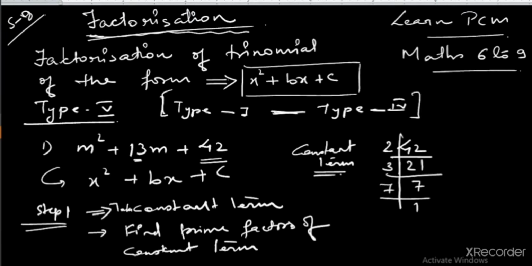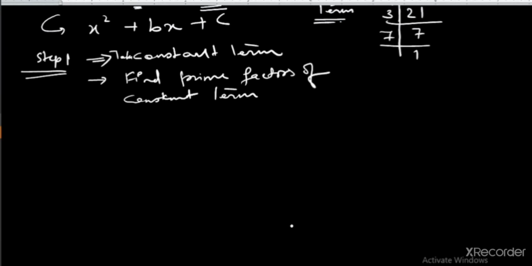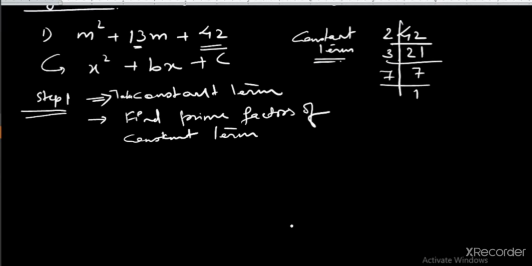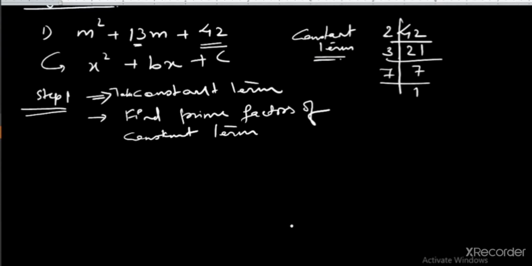Now what is the use of this factorization? We'll write all the prime factors. You can see we have 2, 3 and 7, and also consider this unique number 1 along with these factors. So not only prime factors, we will say here that we are going to find all factors of this constant term.